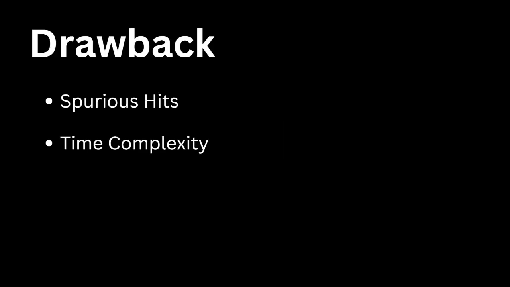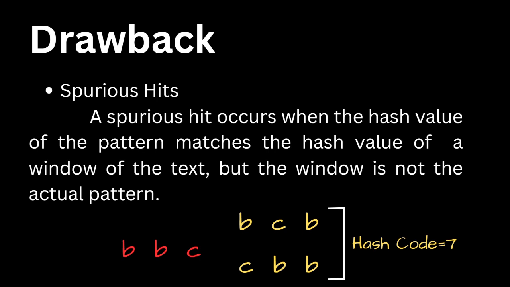The drawback here is that there are many hash values which are the same but are not the same as the pattern. This is called a spurious hit. A spurious hit occurs when the hash value of the pattern matches with the hash value of a window of the text but not the actual pattern.